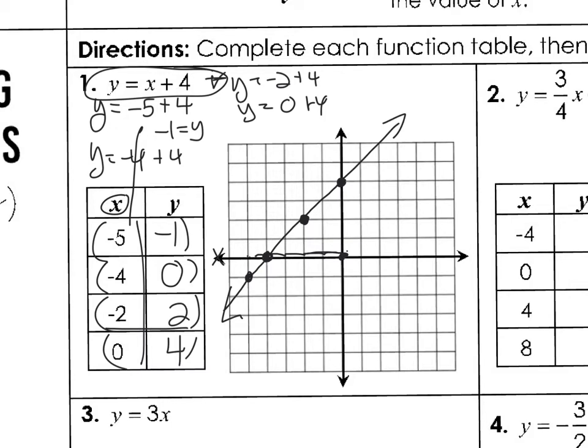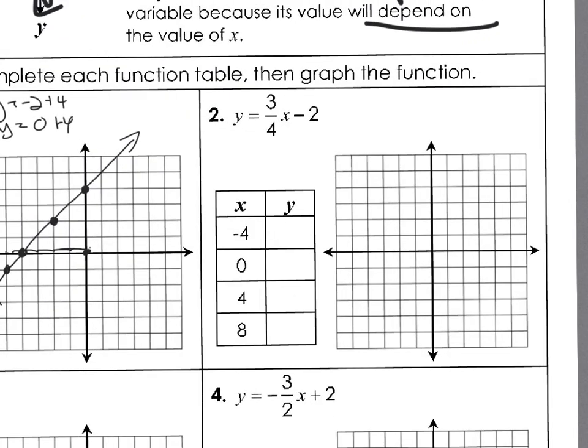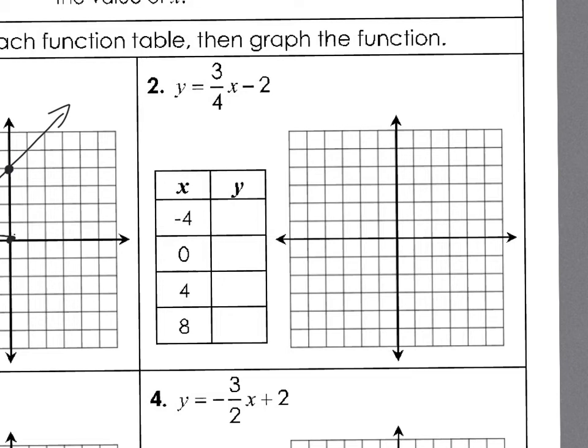Just by plugging in some numbers and finding the y value and posting those, okay? All right. Let's look at number 2. All right, so they've given us some values, and we're going to plug those in for x.